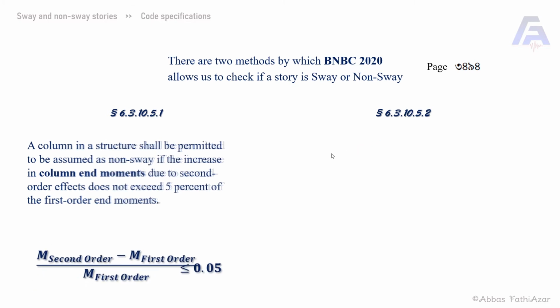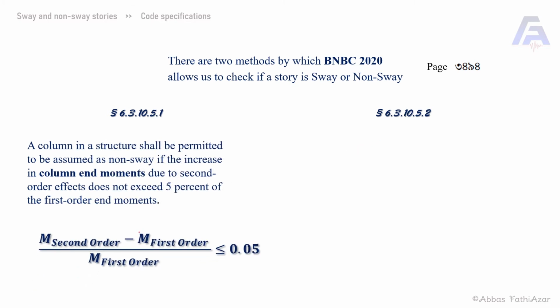What does this mean? It means if you subtract the first order moments from second order moments and divide it by the moments from first order analysis, if it is less than 0.05, then your column is non-sway or your frame is non-sway.